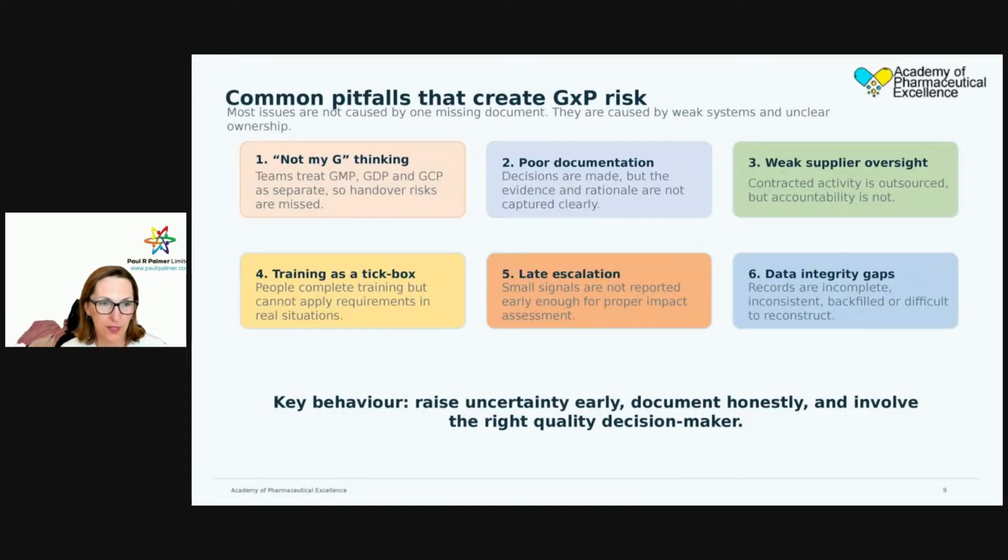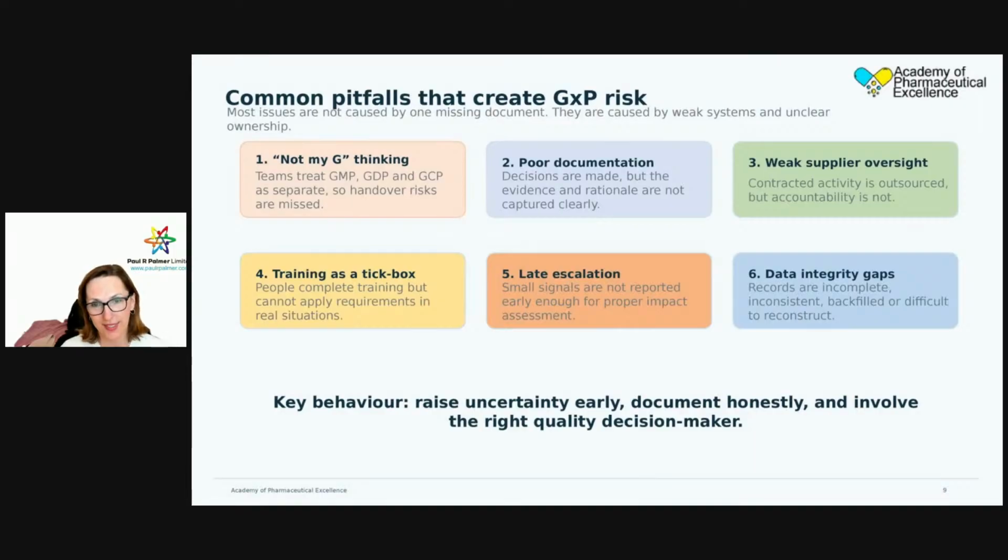And the fifth pitfall is, of course, late escalations. Small signals are sometimes ignored or managed informally, and then they become bigger problems. The earlier you raise your uncertainty, the more options you have.